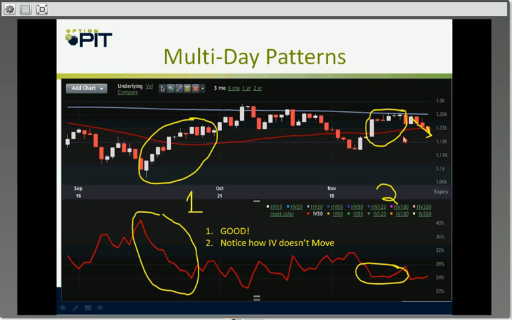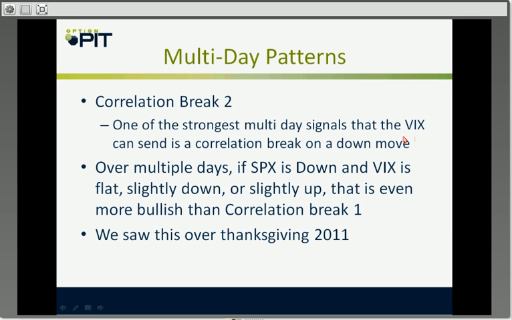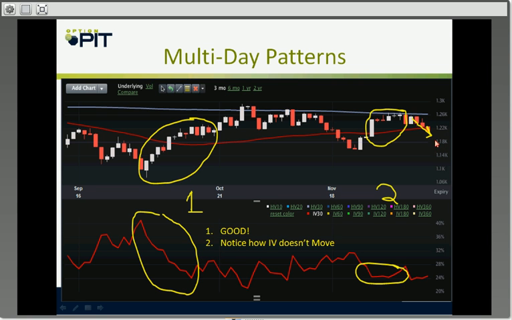And for those of you that don't recall, we took another dip down to, I want to say, like 1170 here. I'll look at a longer pattern in a second. So you have to actually watch. Just pull up a chart, look at VIX and S&P.